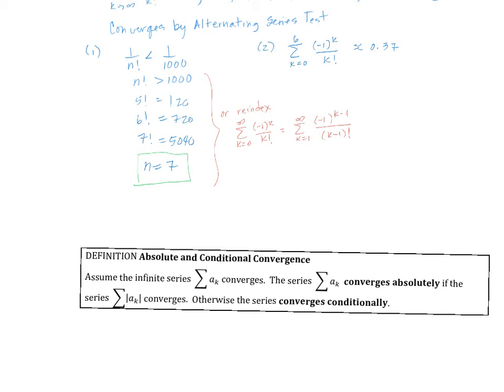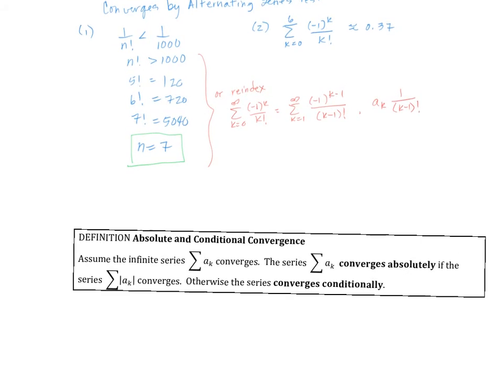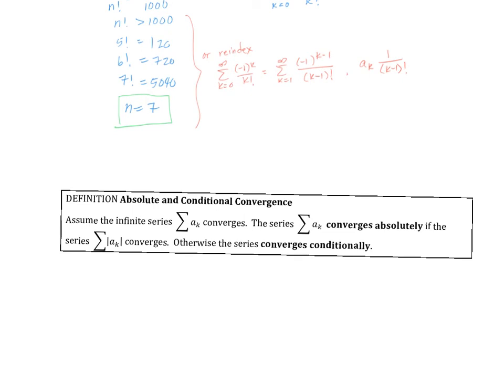Remember, the exponent on the -1 doesn't matter. It could be k, k minus 1, k plus 1. So now our a sub k is simply 1 over k minus 1 factorial. So in this case, when you're looking at the a sub n plus 1 term, you can just go ahead and put in n plus 1 for the k value. But notice that that still gives us 1 over n factorial.